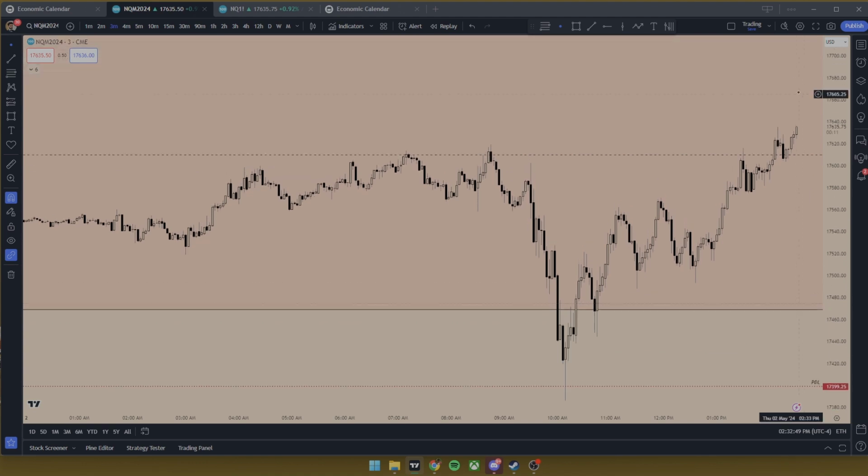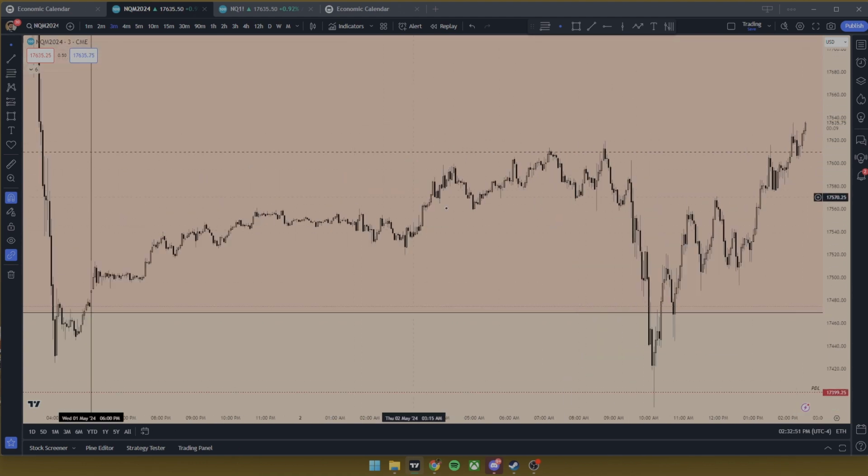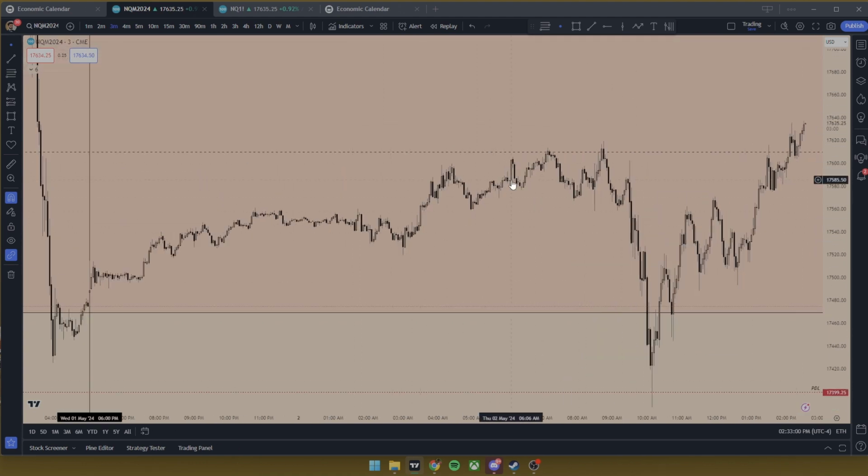So what do we form? We form our consolidation here. The narrative for this market maker model is we're going lower in order to go higher. So how high should price go before we get the sell side curve? How far down should the price go before we get the buy side curve?